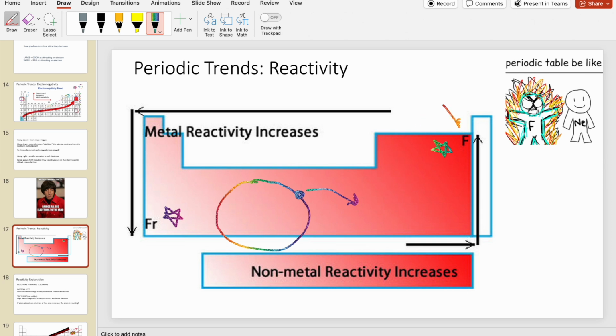At the top right, disregarding the noble gases again, we have fluorine, which is super electronegative. So if your atom is very electronegative, it's going to be easy to attract electrons. And if you attract electrons into your atom, you're still moving an electron.